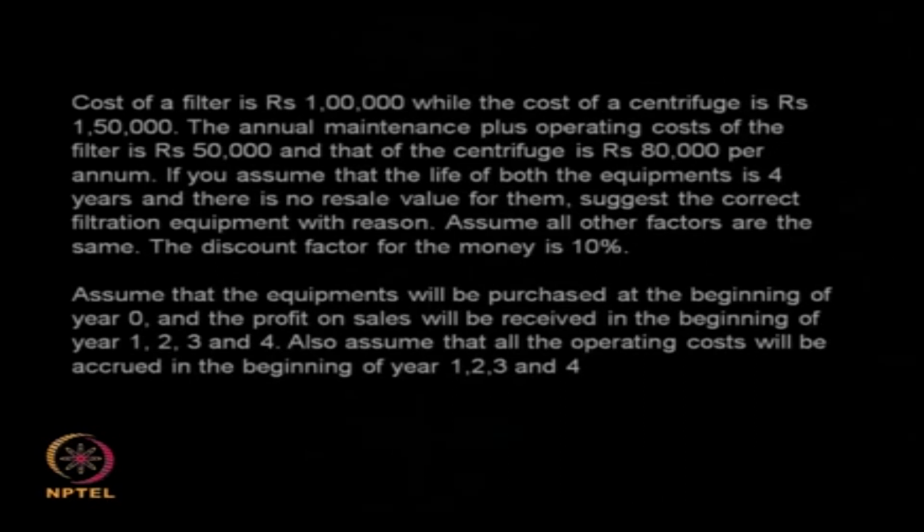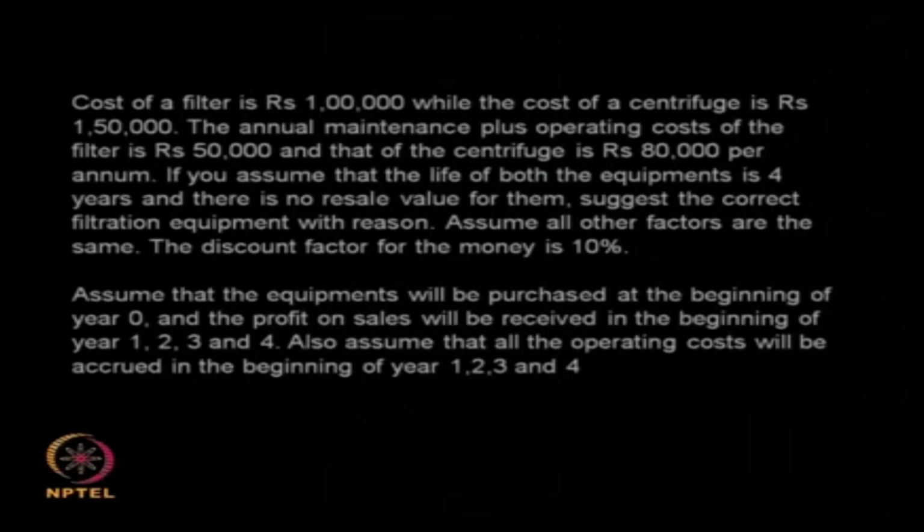So what should I do? So I can use the same net present value discounted cash flow formula and calculate in today's value how much profit I will make with the centrifuge, how much profit I will make with the filter, and I can decide should I go for a filter or a centrifuge.